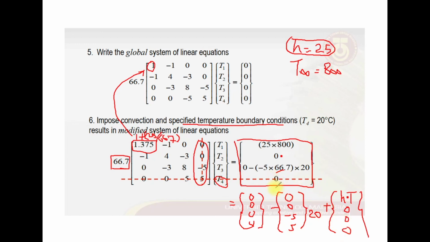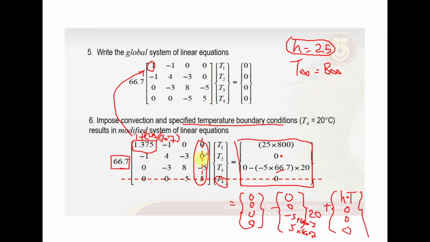And for the last equation, equation number 4, the right hand side will be 0 minus 5 multiplied by 66.7, then we bring it to this right hand side, and plus 0, which means there is no convection occurring on the right surface of our plane wall.